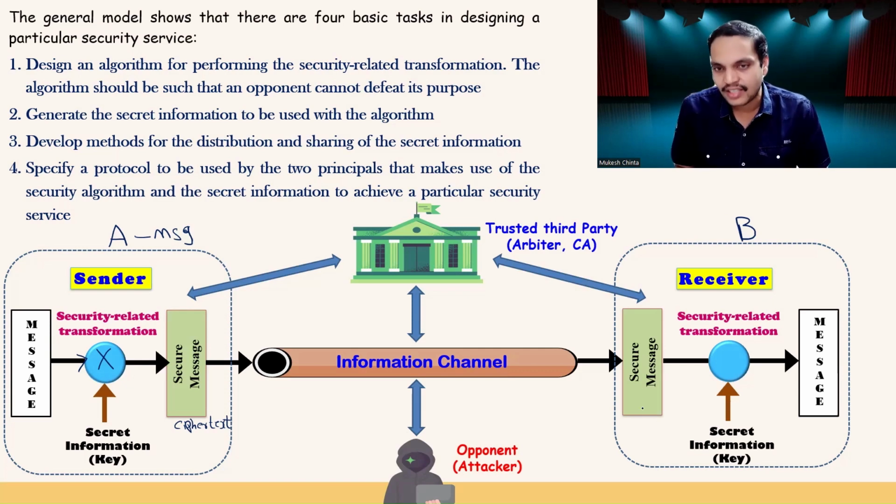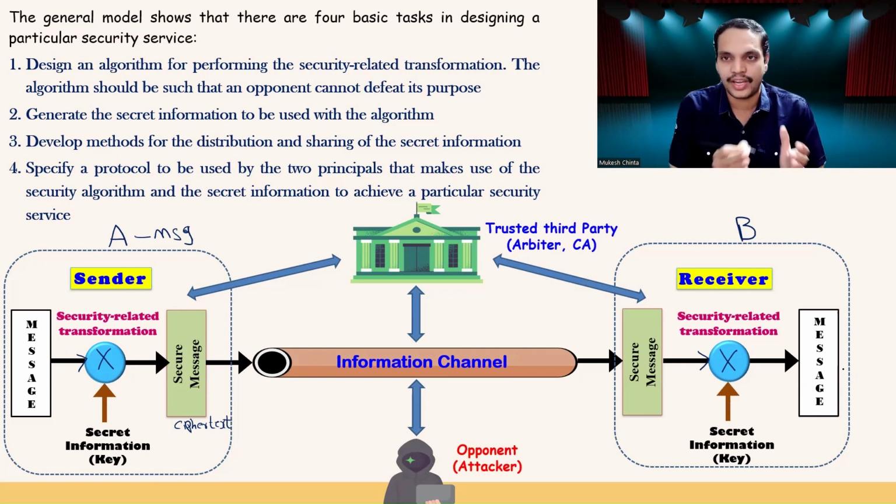In order to read this message, the recipient has to do an inverse transformation, which we call decryption. This decryption algorithm accepts this ciphertext as an input and the same secret key used here as the second input. So the decryption algorithm, accepting the ciphertext and your secret key as inputs, will now recover the original message.